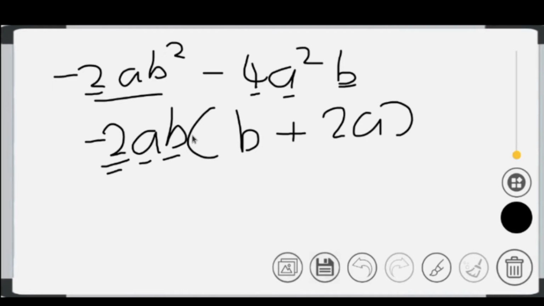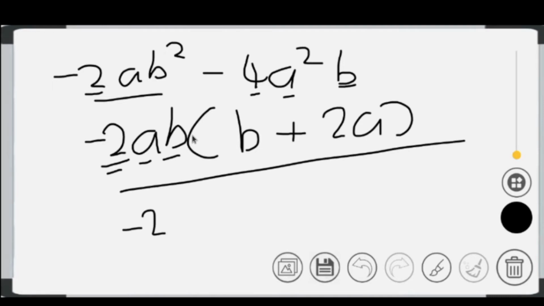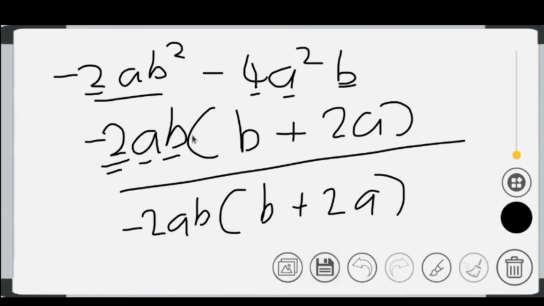Then there you are, and this one is factorized. So your answer is negative 2ab open bracket b plus 2a. I believe you got that one correct, and if you didn't get it, I'm sorry, you can try again by yourself, and then come back and let's do the other ones.